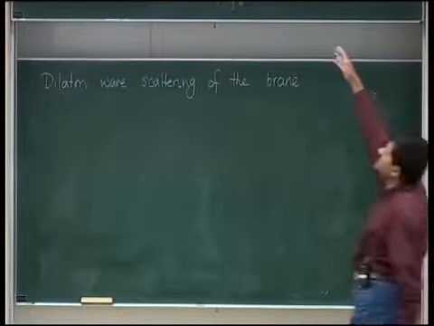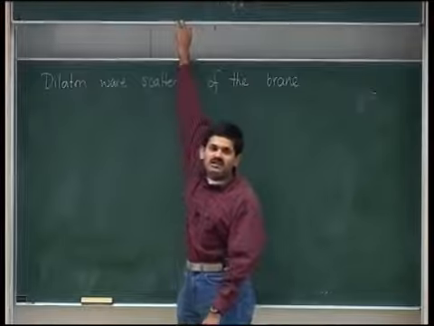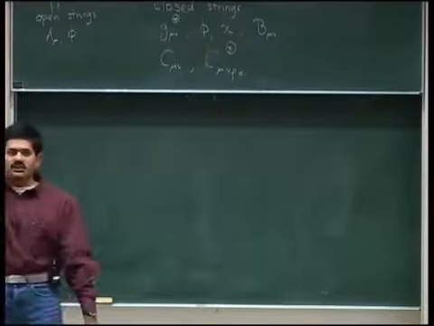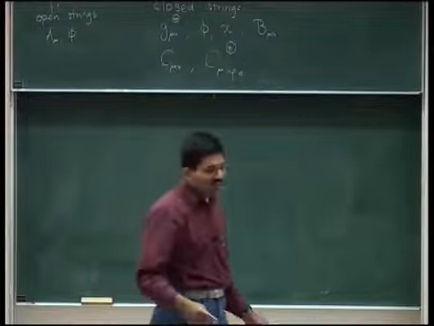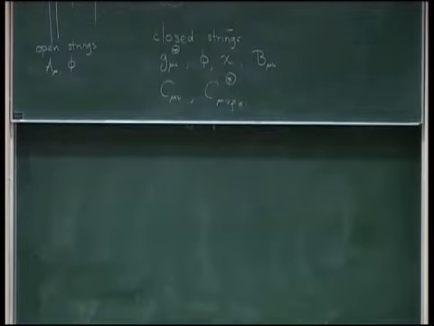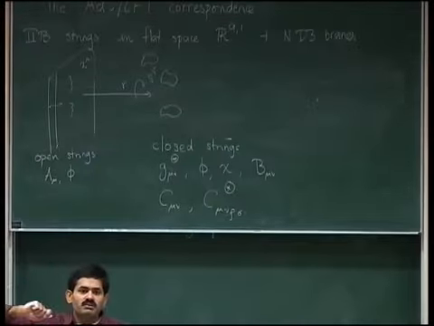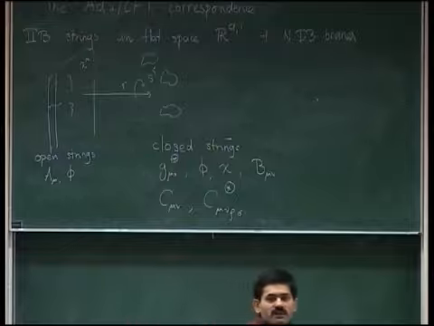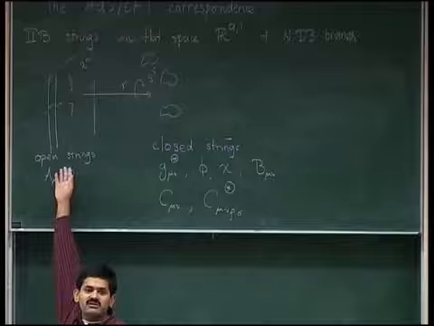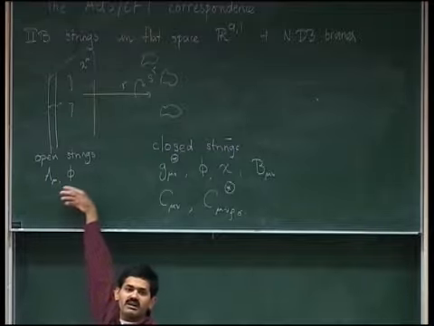I can do that in string theory. I can make a wave packet of dilatons and throw it on the brane. So the brane is some sort of object in string theory. What will it do? It will absorb some part of the dilaton pulse, and it will reflect back some part of the dilaton pulse. Since I'm sending in energy in the form of a dilaton pulse, some open strings will get excited, and the rest will get reflected back.